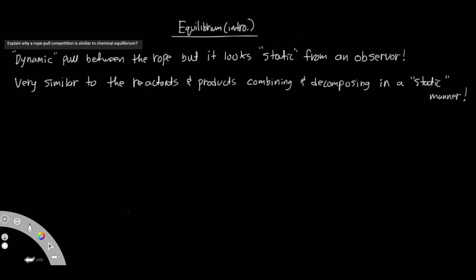When we look at a system, we don't know that these reactants and products are combining and decomposing, just like how the rope doesn't look like it's actually moving. But if you were to look at it microscopically, there is dynamic pull within the ropes. There is dynamic change with the reactants becoming the product and the product decomposing back into the reactant.